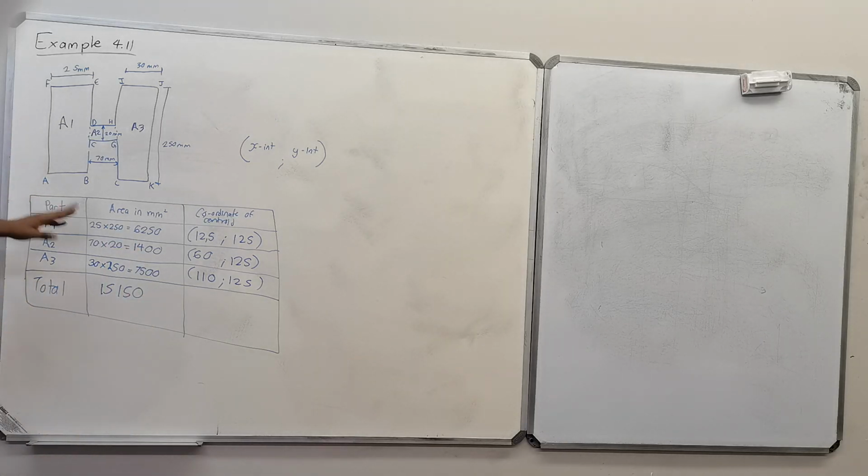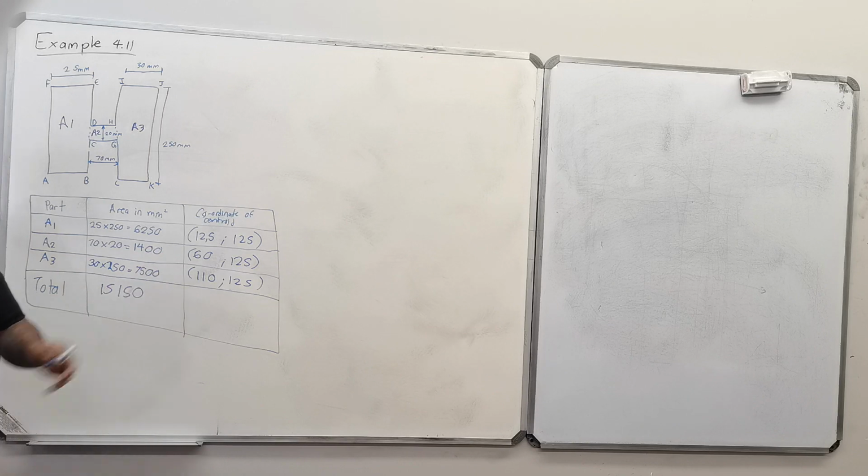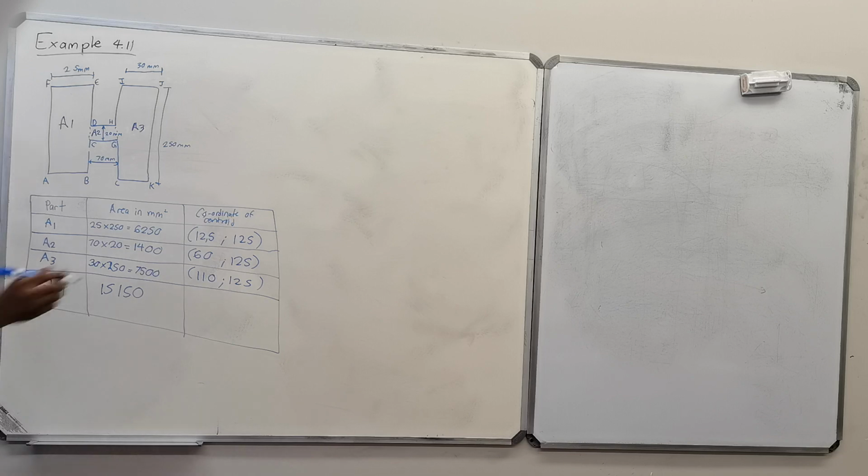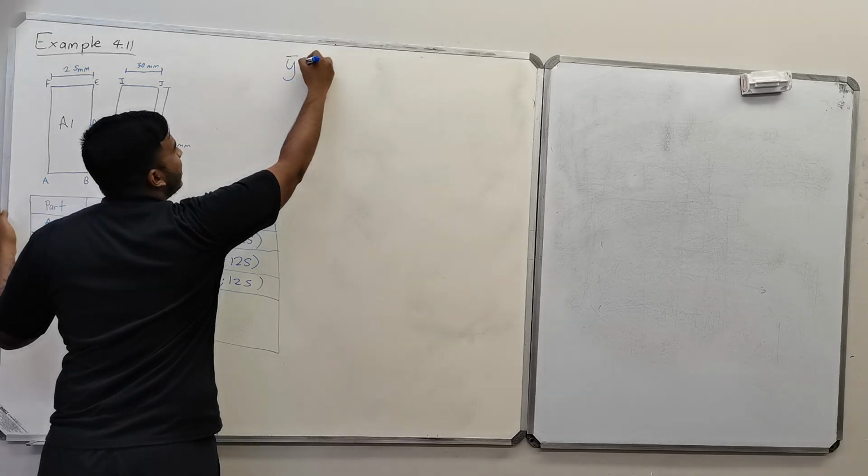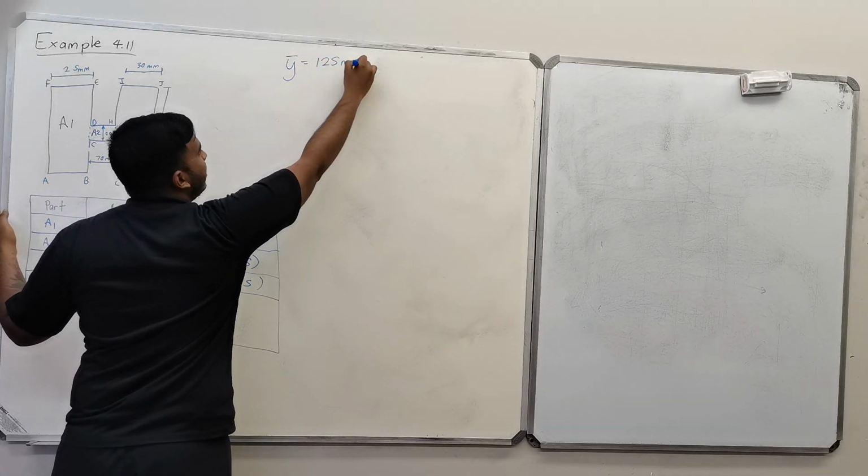Because it's the areas of these three shapes added. And we know its center points. So now the only thing we need to use is that formula. Looking at these values already, what will be the y bar for this whole shape? For the center point? 125, right? Because all the halfway points are found at 125. So instantly you can just say that y bar is equal to 125 millimeters.